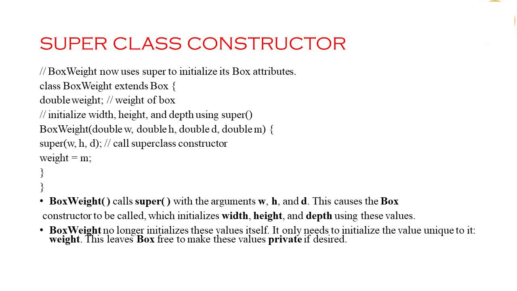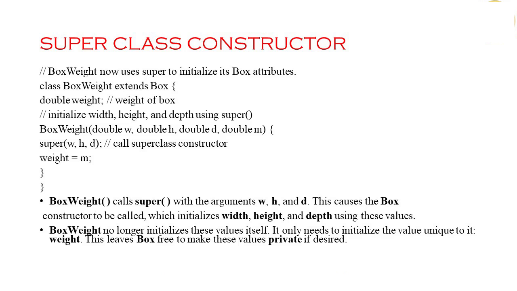Next, superclass constructor. When we go for the superclass constructor, now we have BoxWeight. It uses super to initialize its Box attributes. BoxWeight extends Box. BoxWeight has all these functions. This calls the superclass constructor. BoxWeight calls super with the arguments w, h and d.